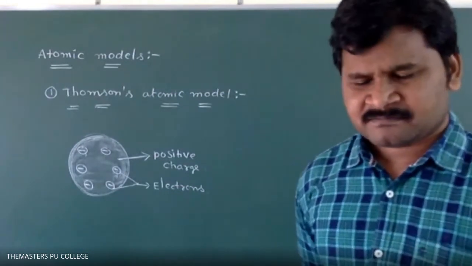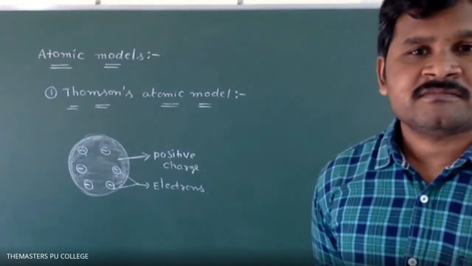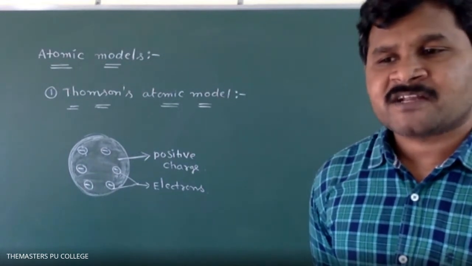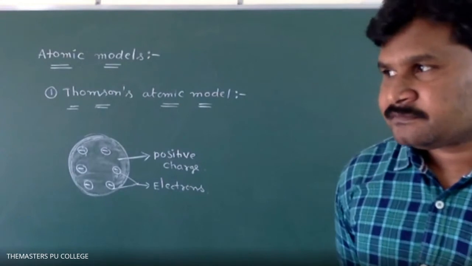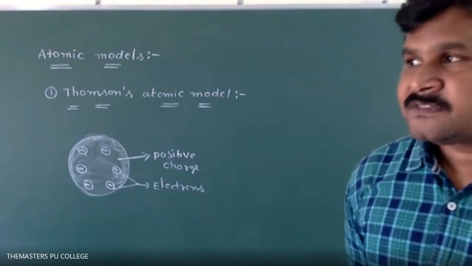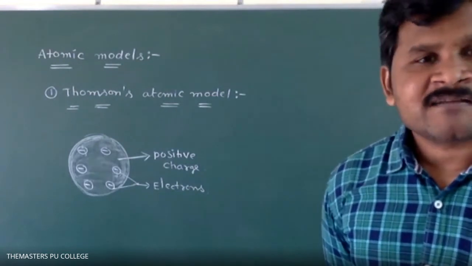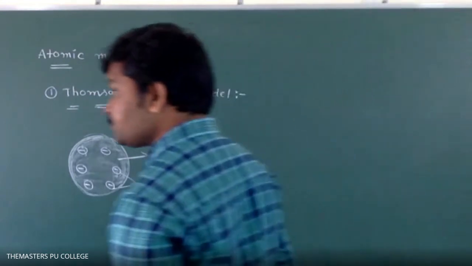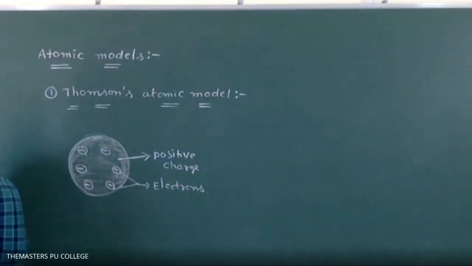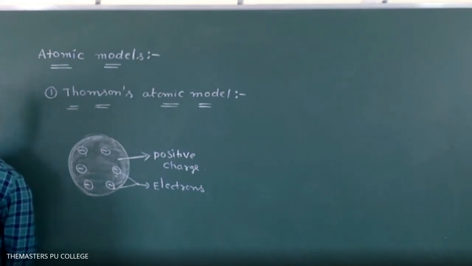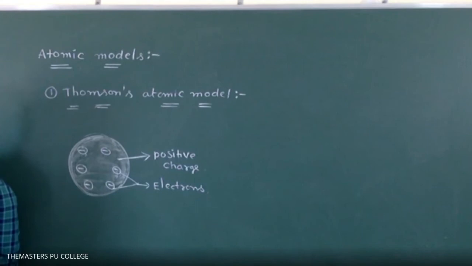First postulate: according to this model, atoms are spherical in shape, in which the positive charge is uniformly distributed.